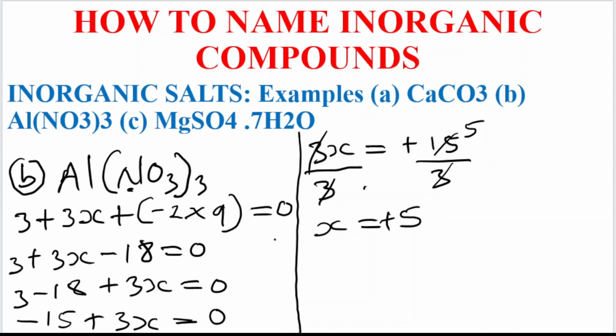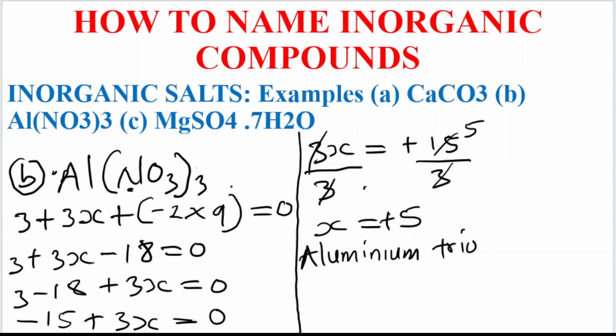So how can we name this? Remember, for an inorganic salt, we start naming from the front, then we enter the back. From the front, we have aluminium, then the back, trioxo. We have 3 oxygens.